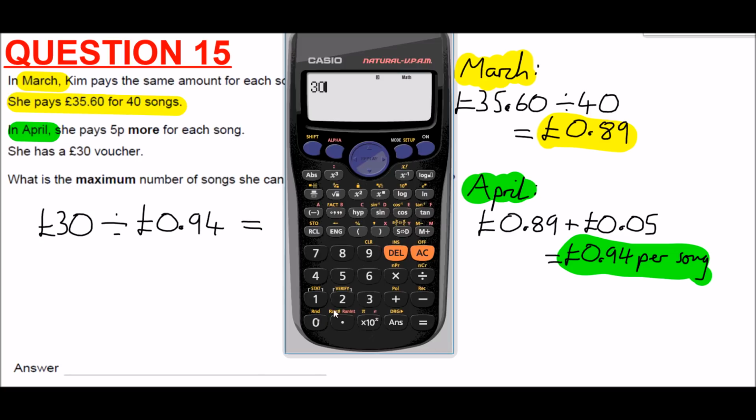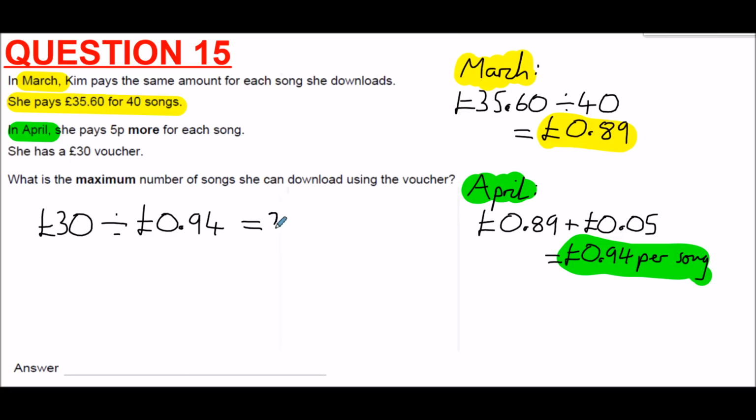So 30 divided by 0.94 comes to 31.9 something. So 31 songs, 31 complete songs with a bit of a song left over. So she can't quite afford 32. So she can only actually afford a total of 31 songs. And that's our final answer.